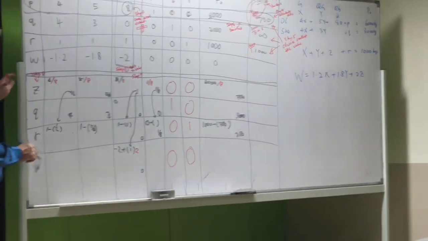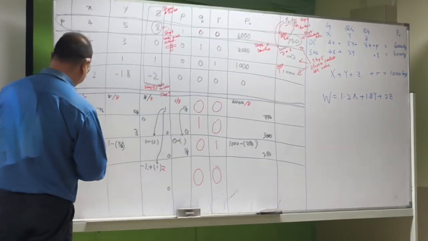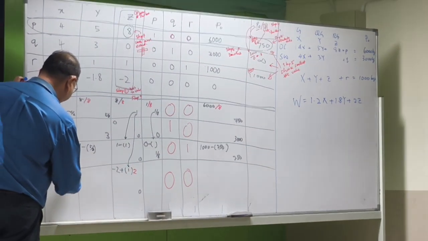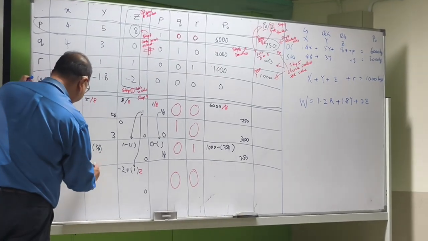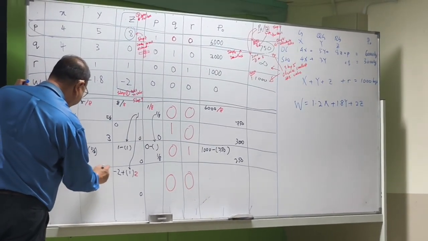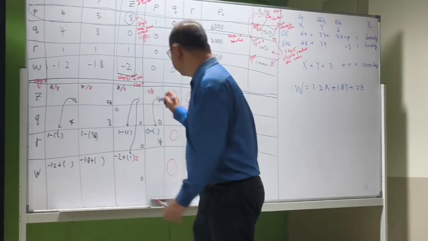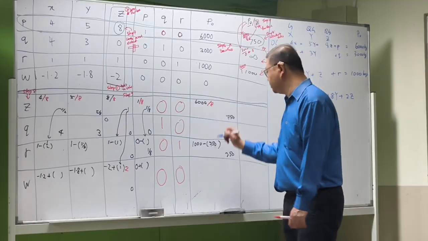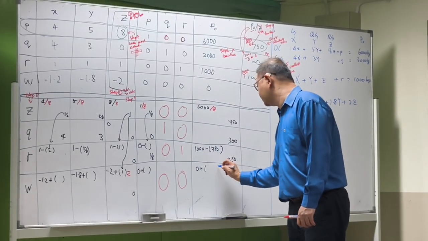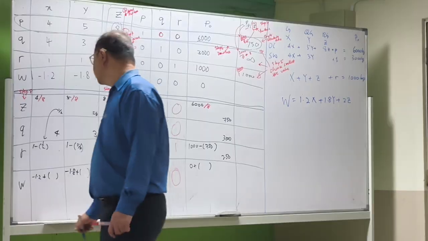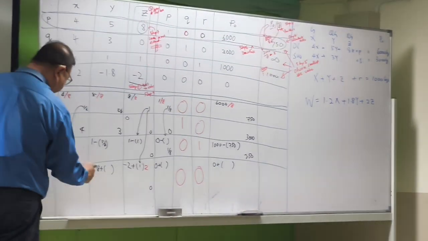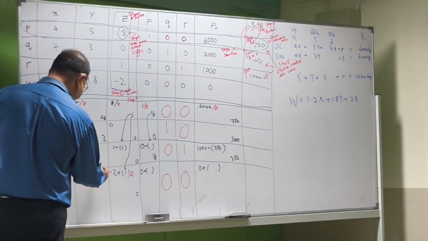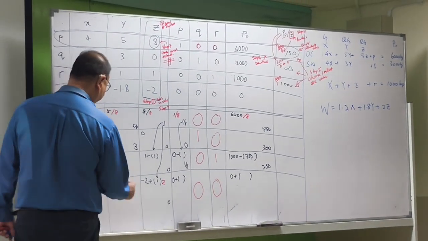Copy down original value: negative 1.2 plus bracket, negative 1.8 plus bracket, 0 plus bracket, 0 plus bracket. See, what do we put in bracket? That's all the same one. Okay, so what do we put in the bracket?